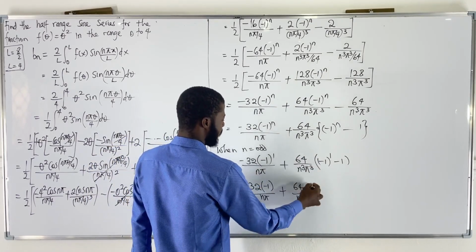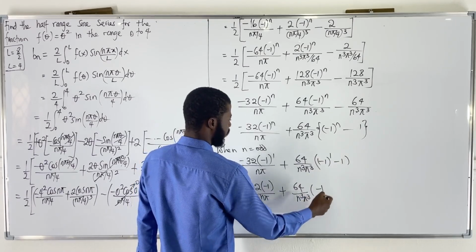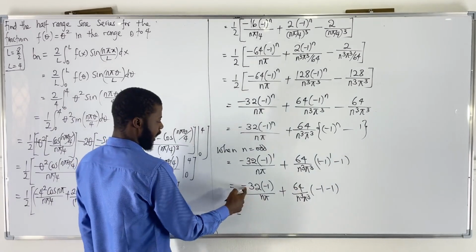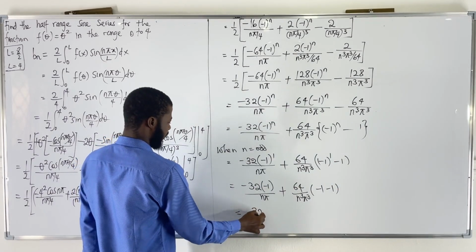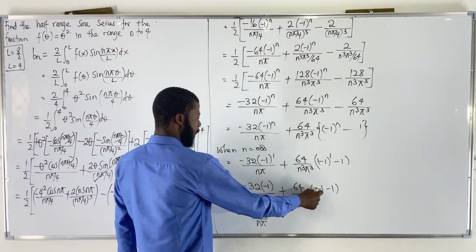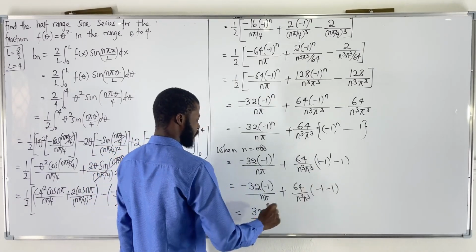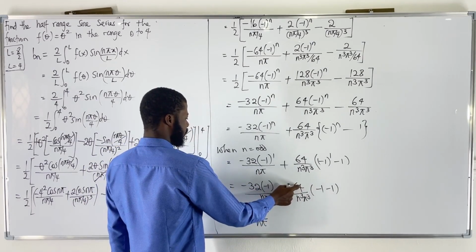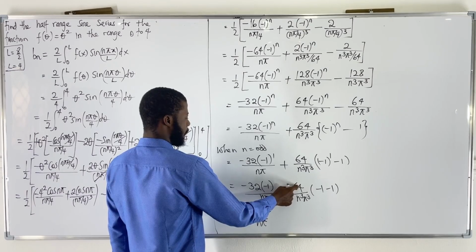Now minus 1 to the power of that will give us minus 1, then minus 1. Now this will be minus times minus to give us plus. So this is 32 over n pi. Then minus 1 is minus 2. Minus 2 times 64 will give us minus 128.